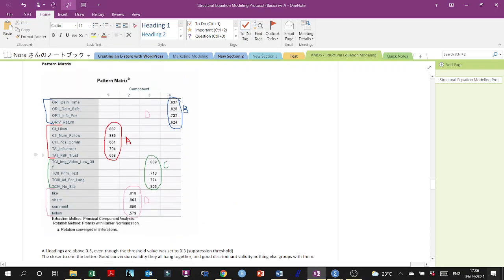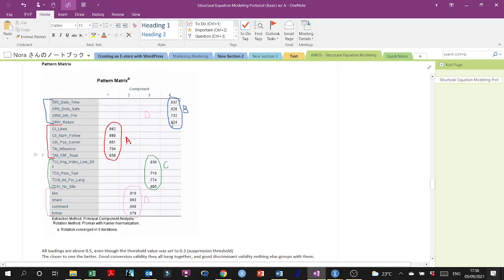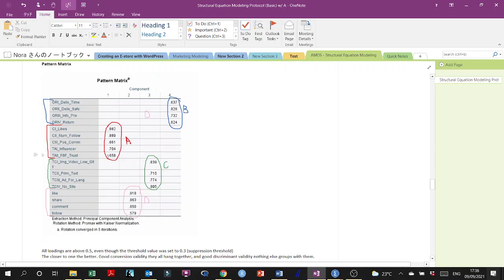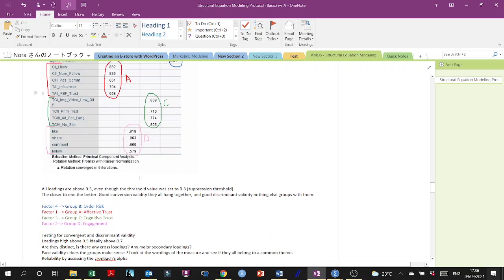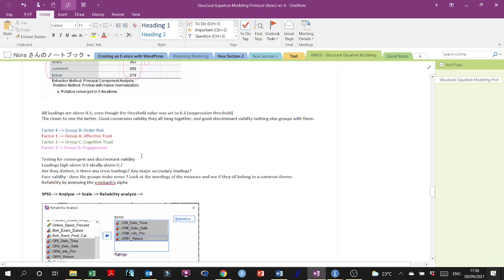So factor 4 will be risk order or order risk. Factor 4 will be order risk. Factor 1 will be affective trust. Factor 2 will be engagement, and factor 3 will be the cognitive trust.